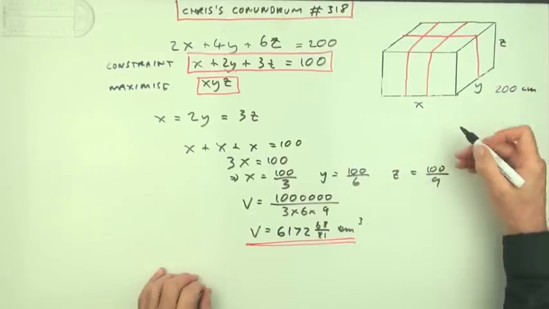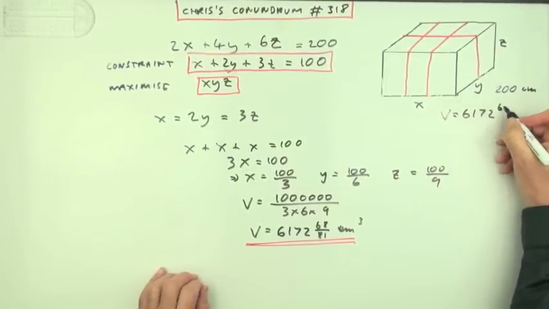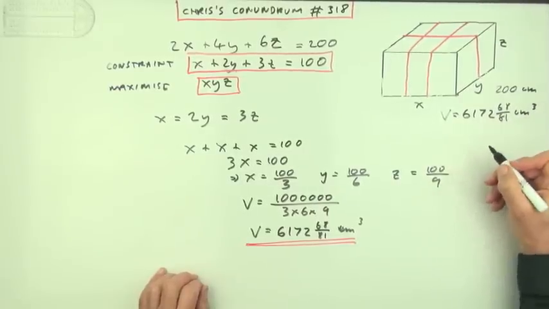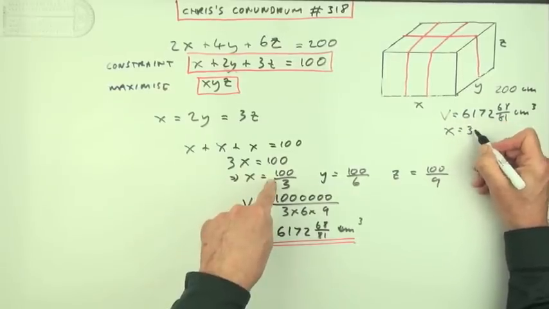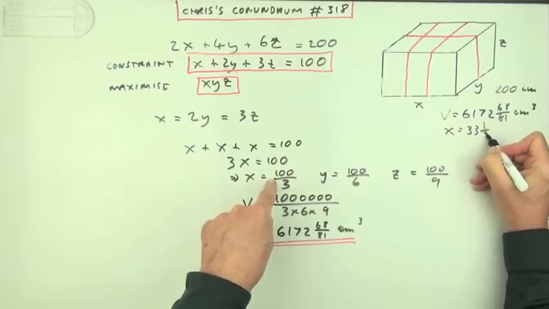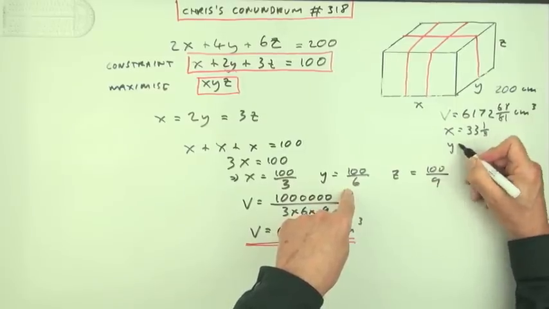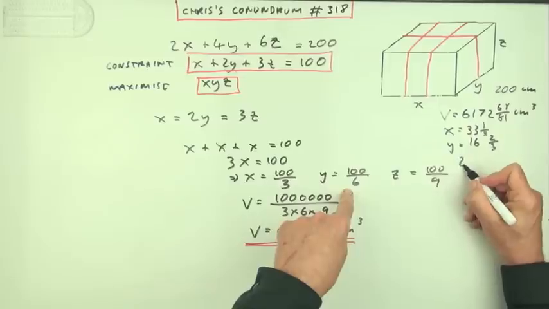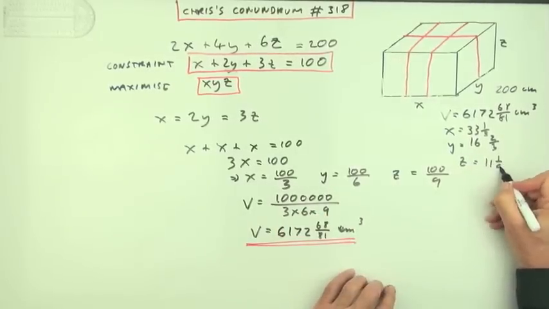So that's a possibility. Put it here. V equals 6172 and 68 over 81 centimeters cubed, and that's when X equals 33 and a third, Y equals 16 and 2/3, and Z equals 11 and a 9th.